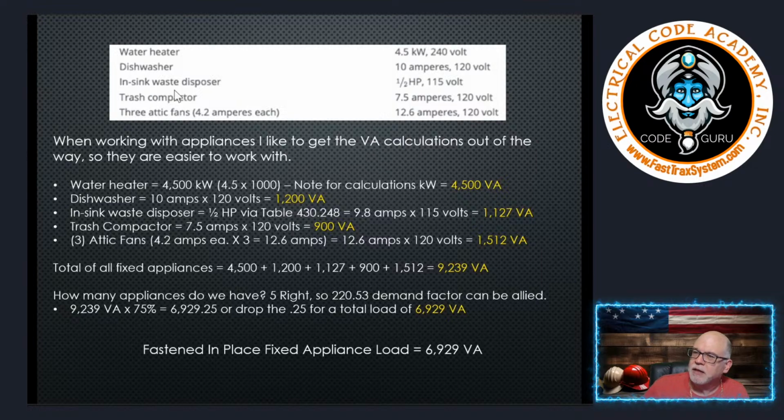All right. So here's your water heater, 4.5 kW. Y'all all know that kW is equivalent to kVA. I like to work things in VA because that's typically how we work things when we're doing a load calc. But essentially, the code tells you that they're synonymous. So 4.5 kW is equivalent. If you see here, I've got 4,500 kW.